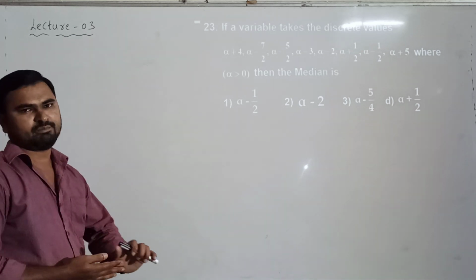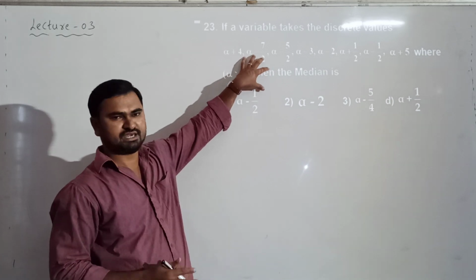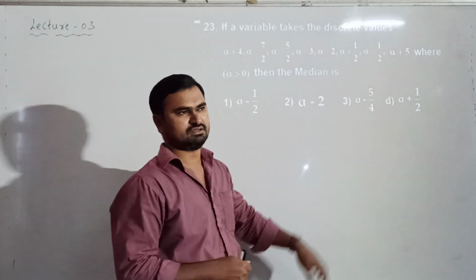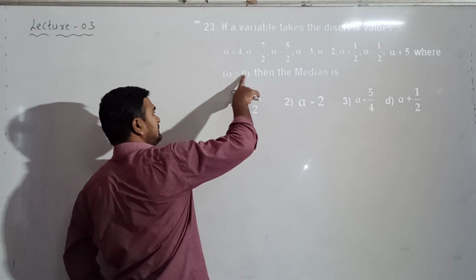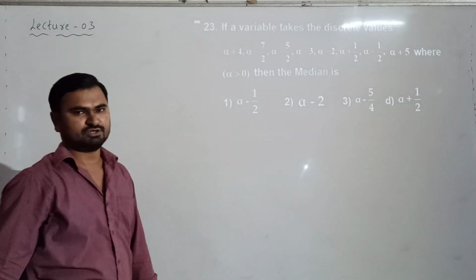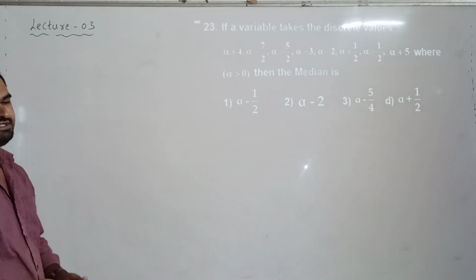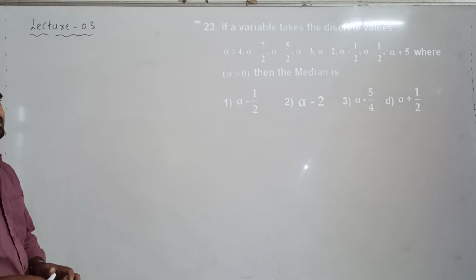Now for finding the median, first arrange these observations in either ascending order or descending order. Alpha is some positive value, we don't know what this value is. Now first we arrange these observations in ascending or descending order.